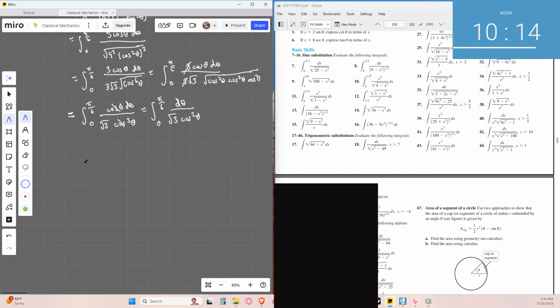Then we bring this up, so we got cosine to the second power. I think we can move this square root of 3 here. Yeah, we can move that out. Cosine squared on the bottom here.